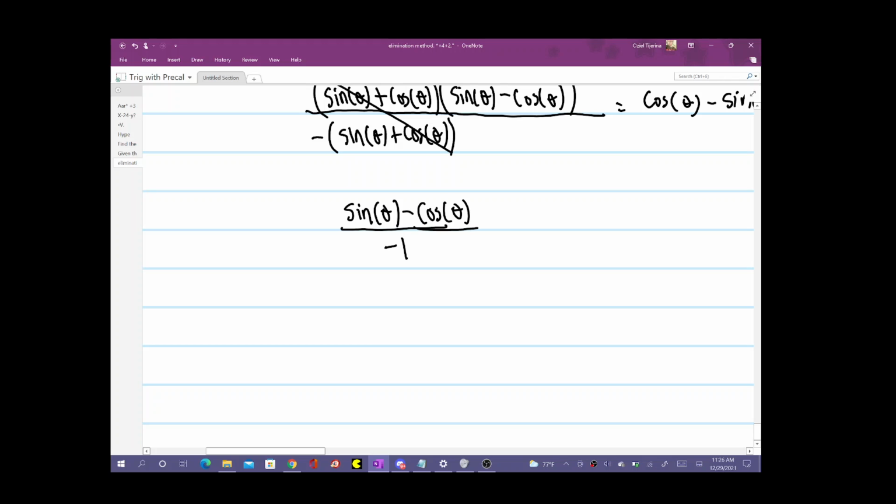So what does that tell us? This is equal to cosine of theta minus sine of theta. So then this becomes negative sine of theta plus cosine of theta, because if you think about it, the way that you're going to do it is you have sine of theta over negative 1 minus cosine of theta over negative 1, or plus negative cosine of theta over negative 1.